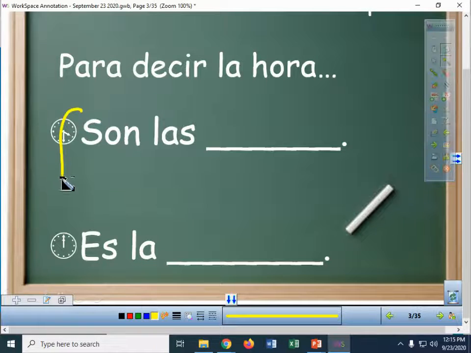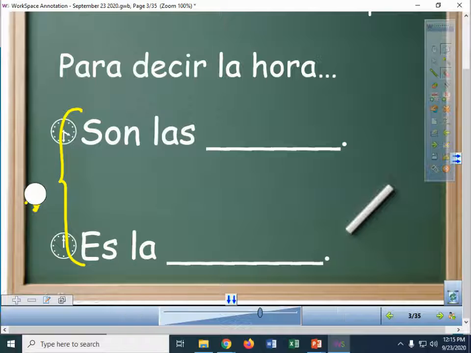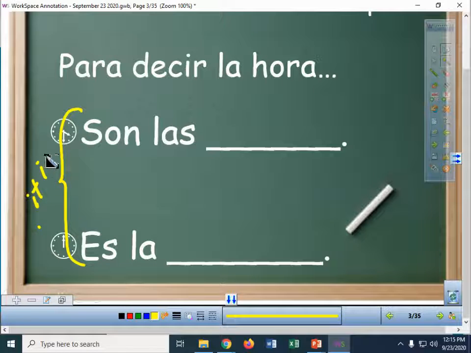So son las and es la, they both mean it is. I'm going to rewrite this. They both mean it is.